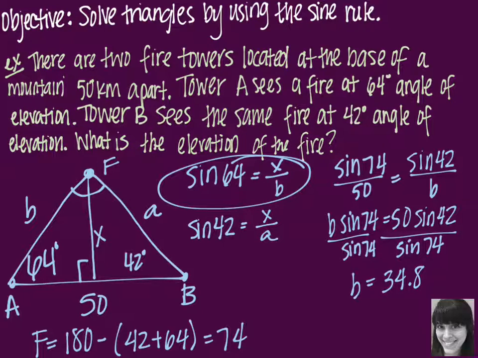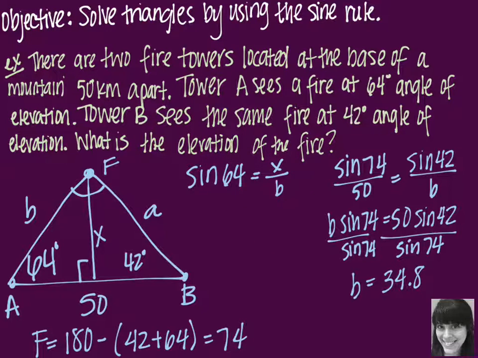So all we're going to do now is do exactly that. And this is getting kind of messy, so I'm going to erase this sine of 42 equals x over A. So now I'm just going to input B: sine of 64 equals x divided by, we said B was 34.8.